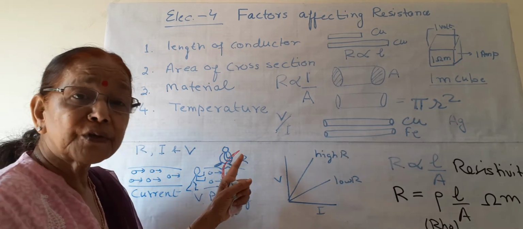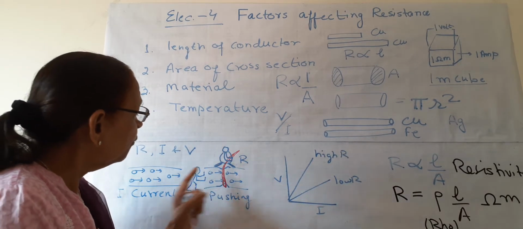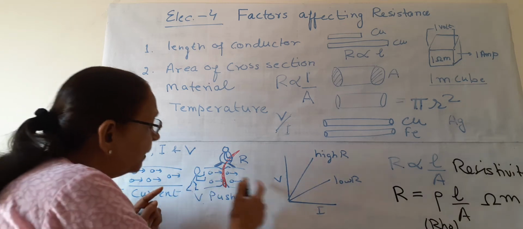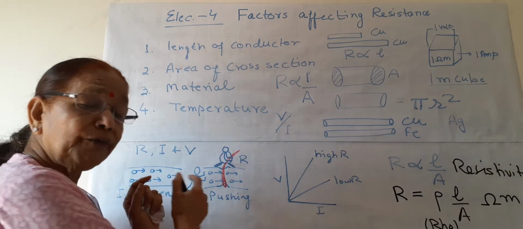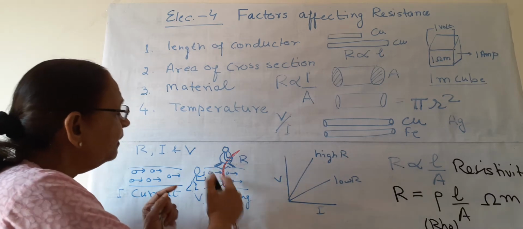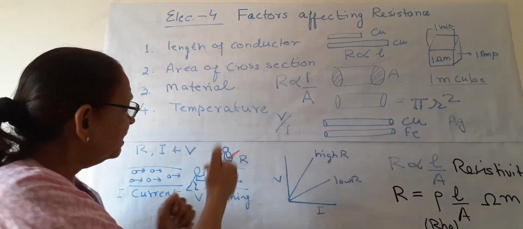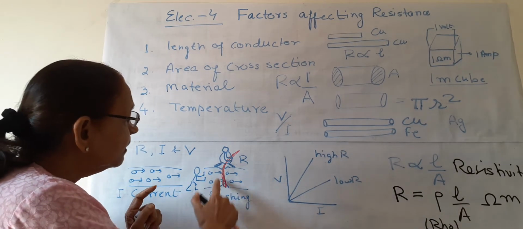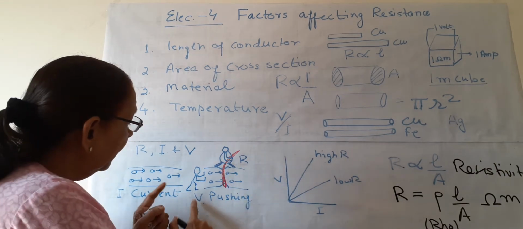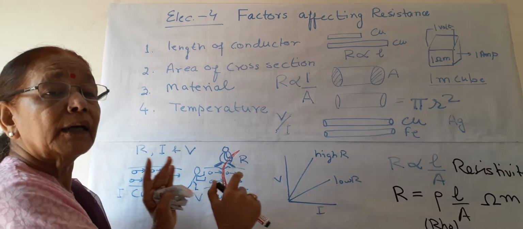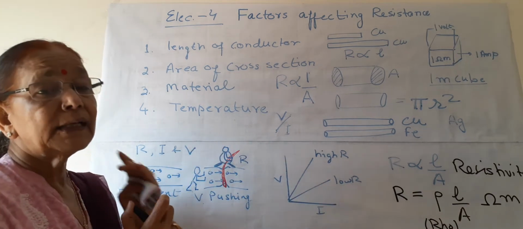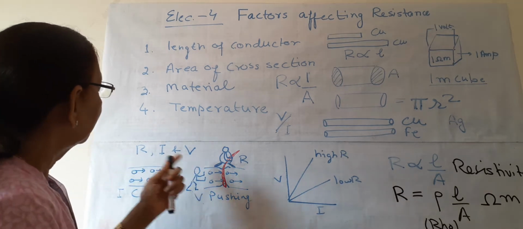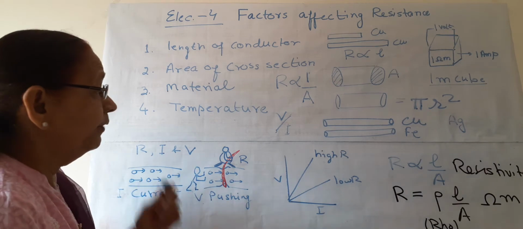Resistance is the obstruction. Resistance does not want the electrons or the current to flow, and it hampers the flow of electrons or current. So it is tied to this conductor, pushing upwards so that current may not flow. So this R is obstructing the flow of current, and V is pushing the current to flow in this direction. So this is a little funny figure to show the relation between R, I and V.